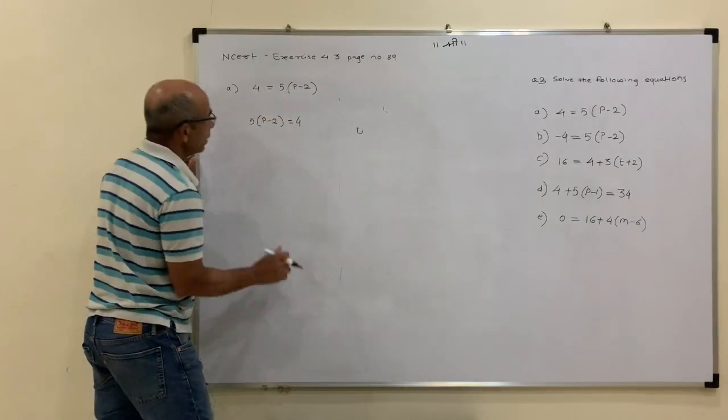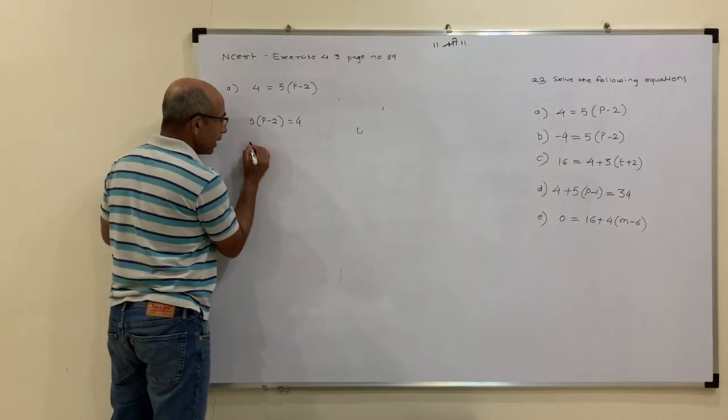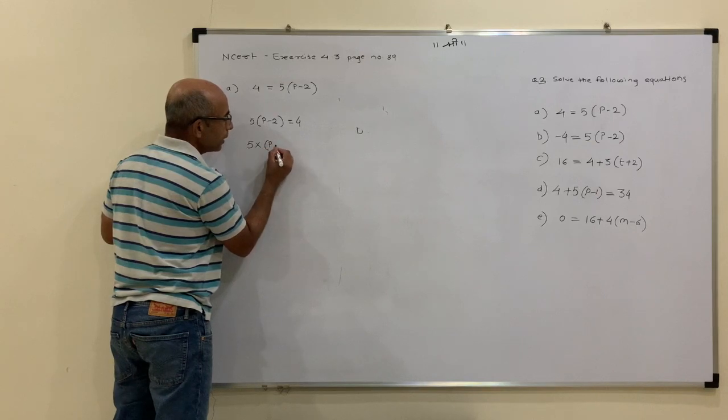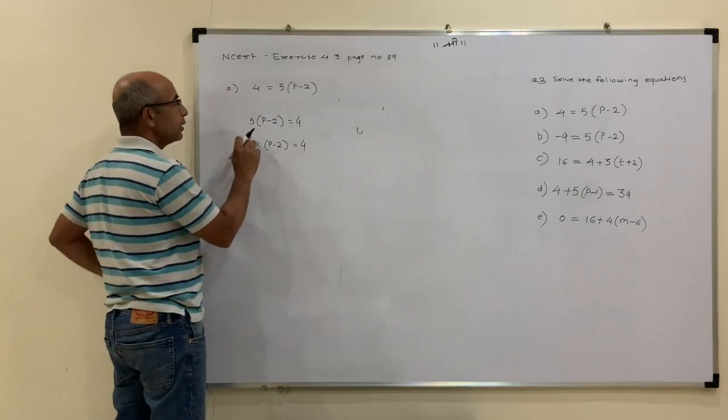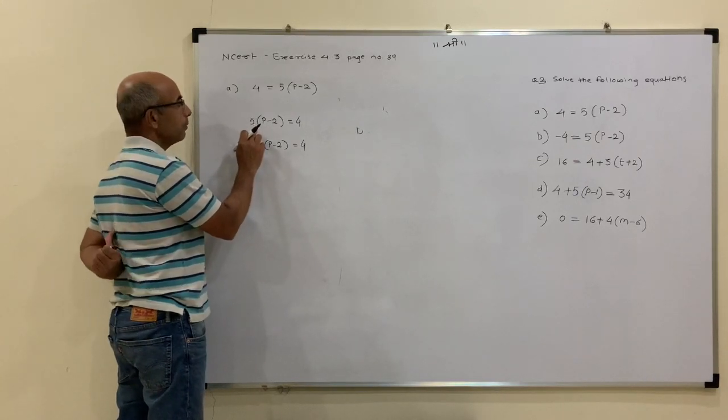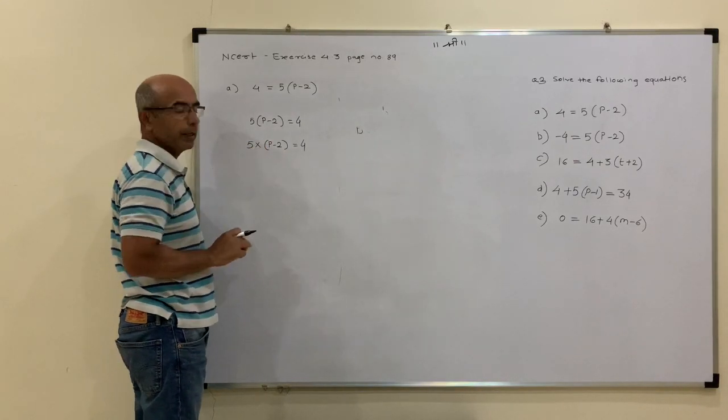Here I will rewrite again this statement, 5 into P minus 2 equals to 4. When there is no sign mentioned, there is always a multiplication.